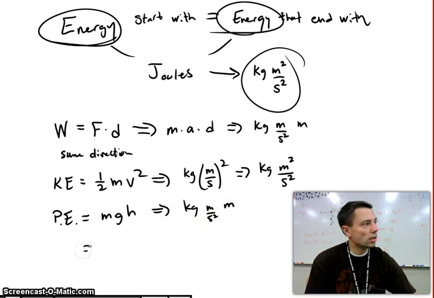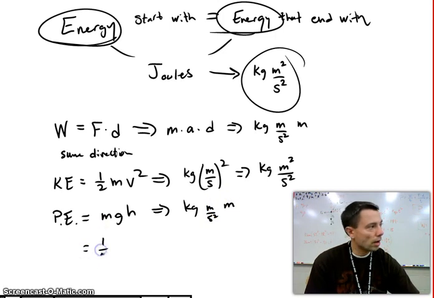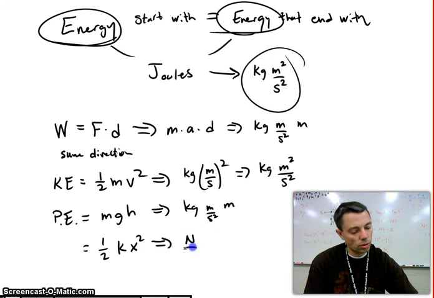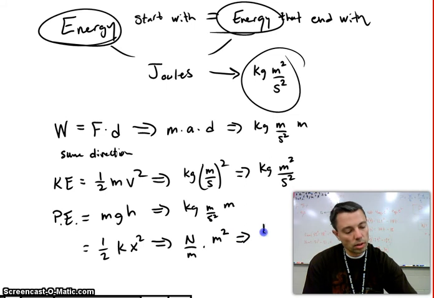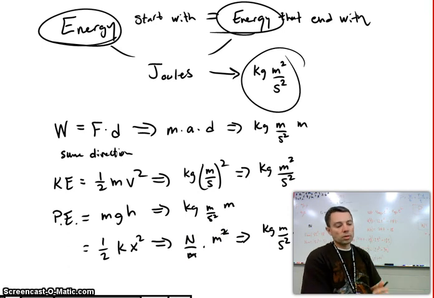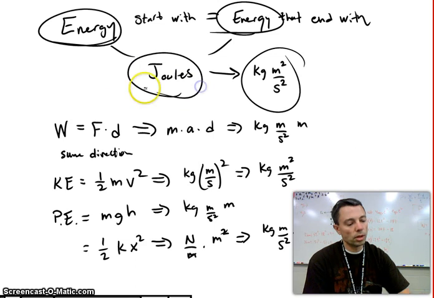And then we also had the 1/2 kx squared, where the k is in newtons per meter and meters squared, but a newton is nothing more than a kilogram meter per second squared. This meter cancels one of those times a meter in same units, okay? Lo and behold, everything comes out to be joules, and that's what we want it to be.